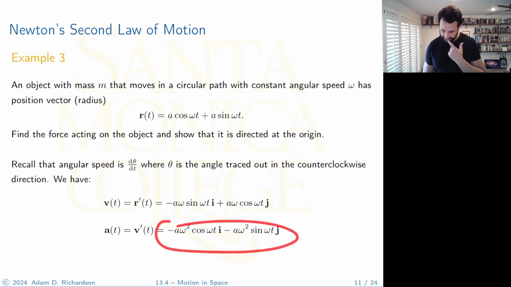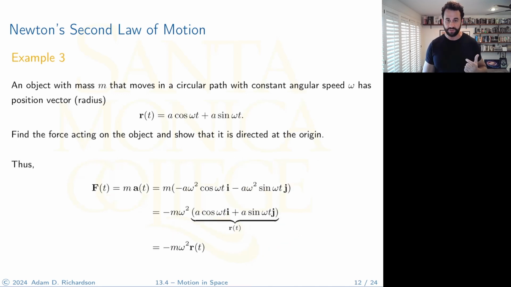Now we have our acceleration vector here. So then we can plug this into our formula. F equals ma. Here's our acceleration vector. Here's our mass m. And then now we can basically simplify some things. So what did I do here? It looks like I pulled out the coefficient of omega squared, and looks like I pulled out this -1 coefficient and rewrote it like so.